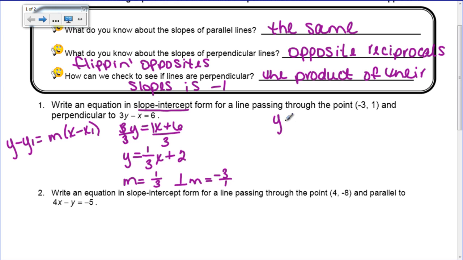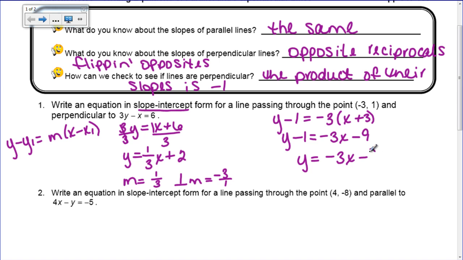So I'm going to have y minus 1 equals my new slope, the perpendicular slope is -3 times x plus 3. We're going to distribute, so I have y minus 1 equals -3x minus 9. And then I'm going to add 1 to both sides so that it's in slope-intercept form. So I'm going to end up with y equals -3x minus 8.